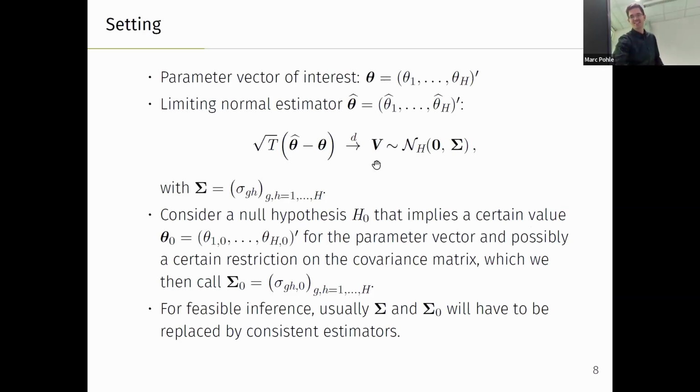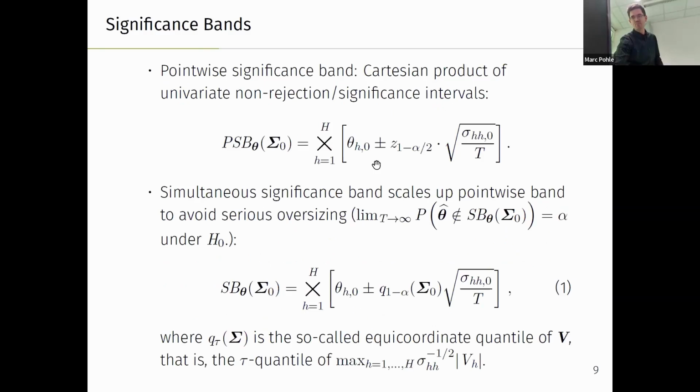So two quick questions, Mark. Is the same correction used for all of these bands? So you do not do different things for the first lag, for the second lag, for the third lag, and so on. It's the same correction everywhere. Yes.